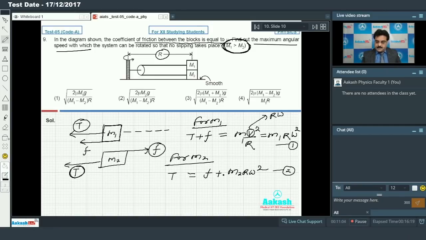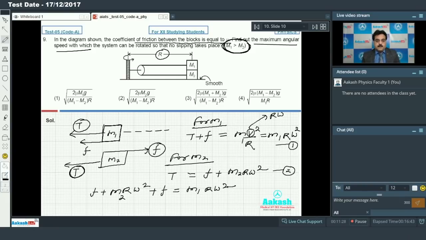So this is my equation number 2. If I place the value of tension T from equation 2 in equation number 1, we'll get F plus M2 r omega square plus friction force F, that is equal to M1 r omega square.